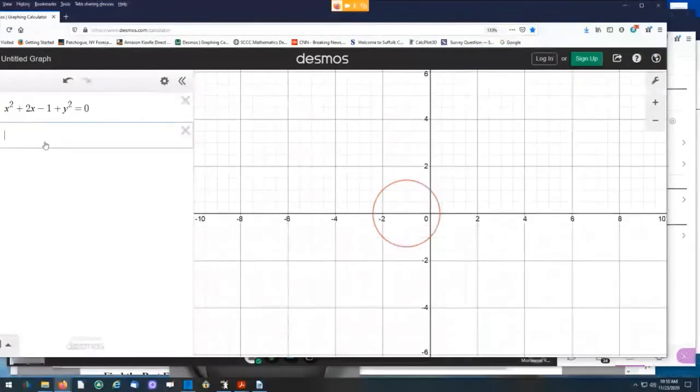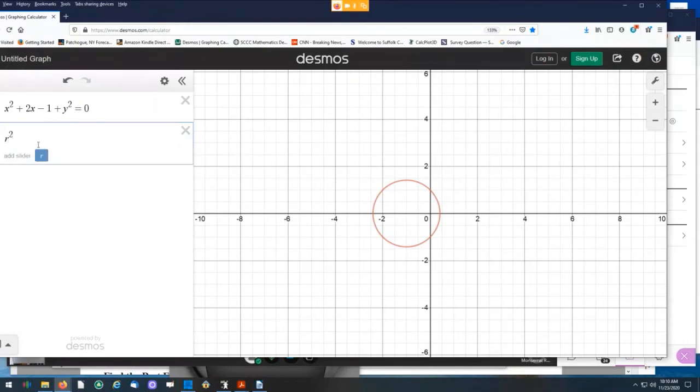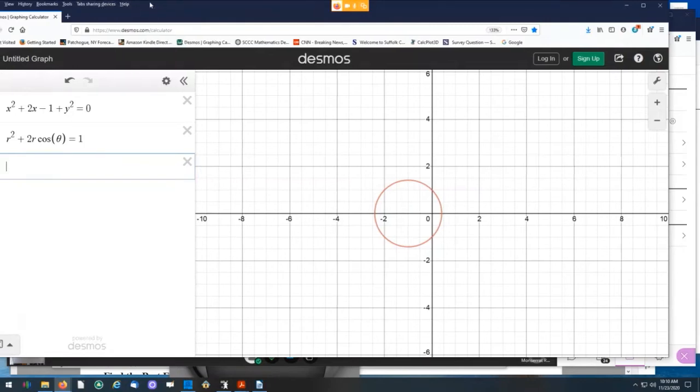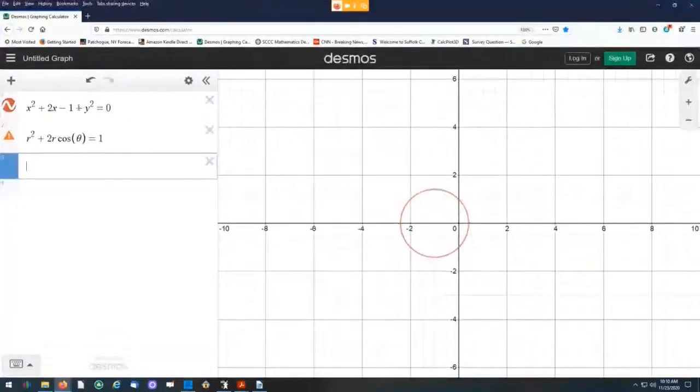Let's take a look at our other representation. We have r squared plus 2r cosine theta. You just type in theta is equal to 1. And let's see. It's not liking that.